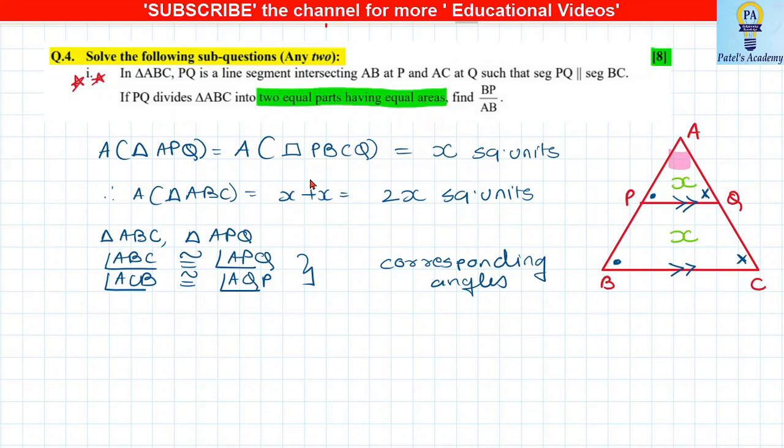Over here you can see the figure, angle A is also there, which is common. You can even prove by that, but I choose here to prove by taking two corresponding angles. So triangle ABC is similar to triangle APQ by AA test.